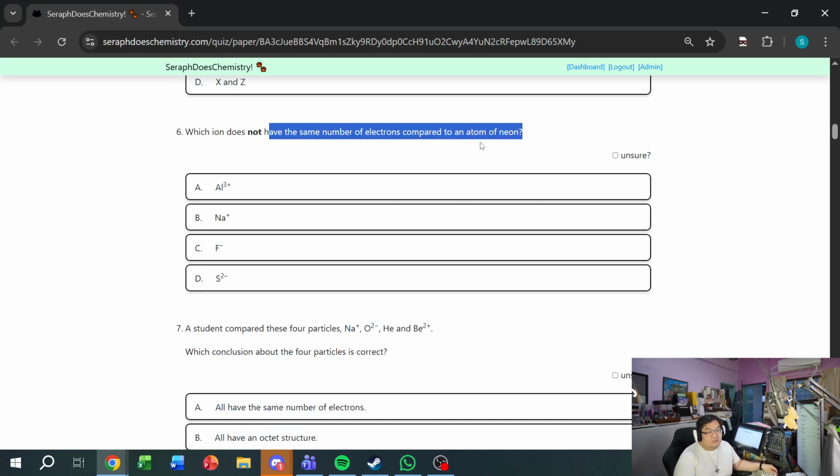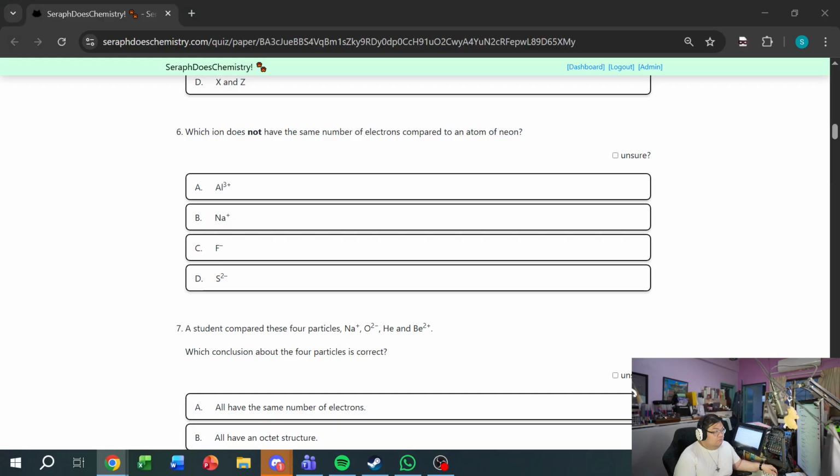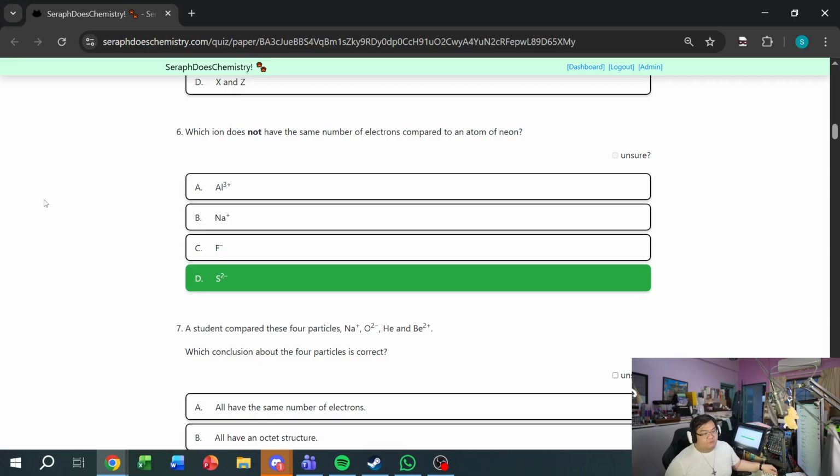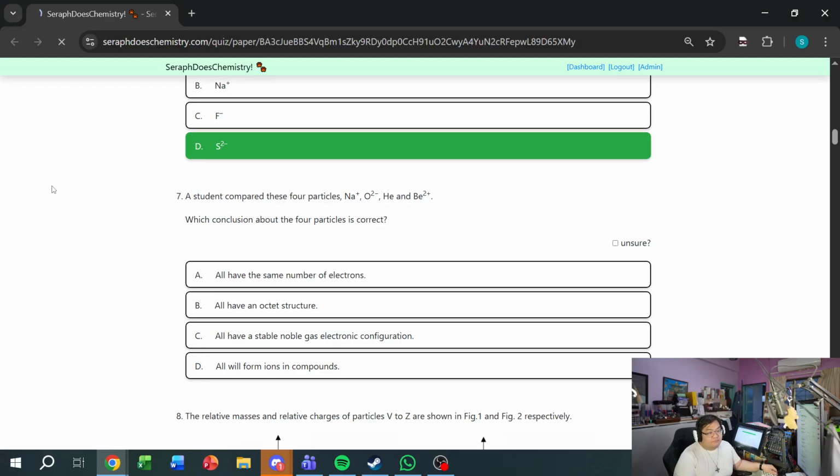This one's ions. Okay. When you use the word octet, it means that the valence electrons are 8 of them, 8 electrons. So octet structure means that the very last shell has 8 valence electrons.